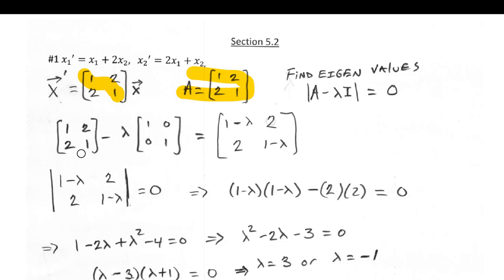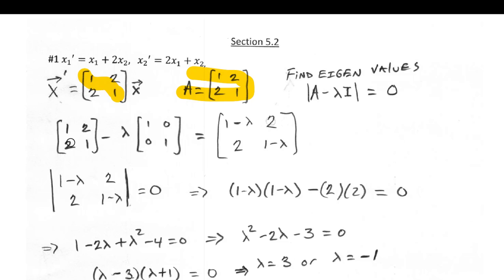Okay, so the actual nuts and bolts functionality of how we're doing this. I take A minus lambda I, remember that lambda, the eigenvalue, is a constant, and I is the identity matrix.